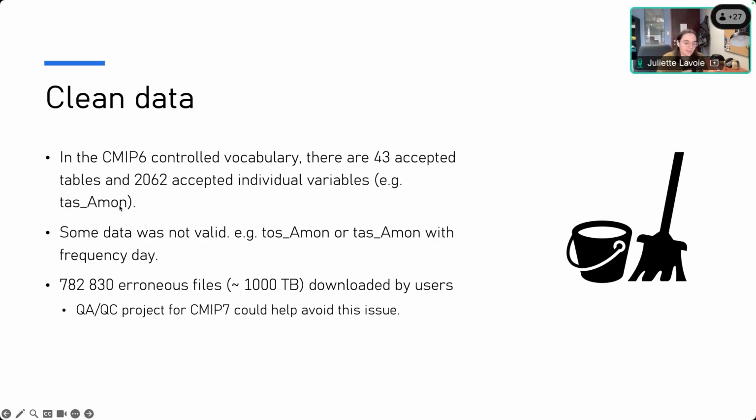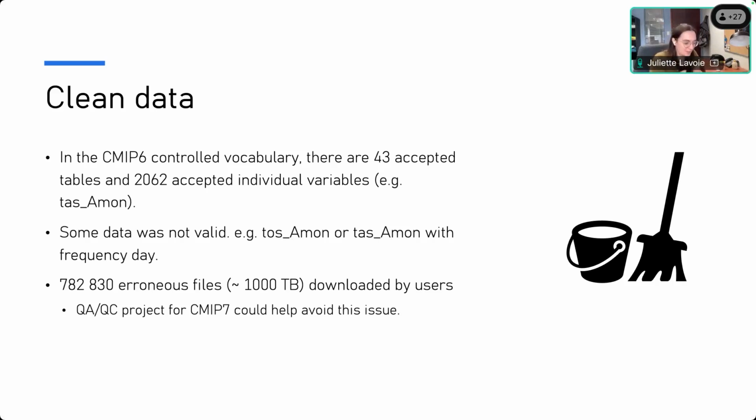But a lot of the data that we had to work with was not valid, like the temperature of the ocean in the atmosphere, or the temperature of the atmosphere AMON, but at daily frequency. We had to remove all of these files, and we saw that about 1,000 terabytes of data had been downloaded by users that was basically wrong, didn't really make sense.